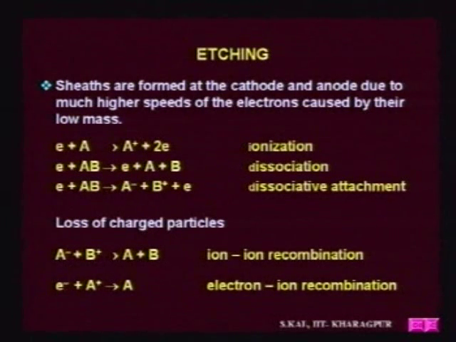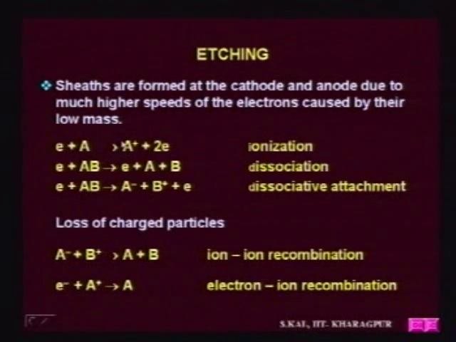And there are different reactions that take place inside the plasma chamber, and those are ionization, dissociation, and dissociative attachment. The first reaction is ionization, where an electron and the gas molecule, which is represented as A, react and A will be ionized.